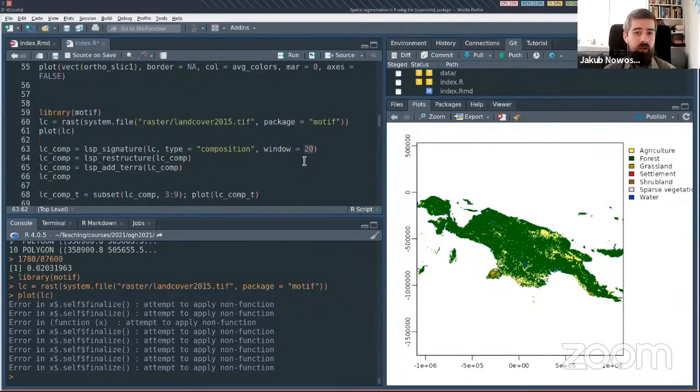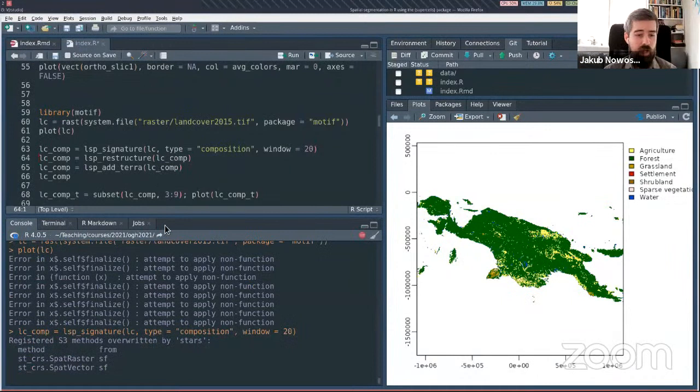So in this example, I put a window of 20, which basically means that I divide this whole area into larger grids of 20 by 20 cells. So now I just extract this composition for the whole area of New Guinea for my window of 20 by 20.